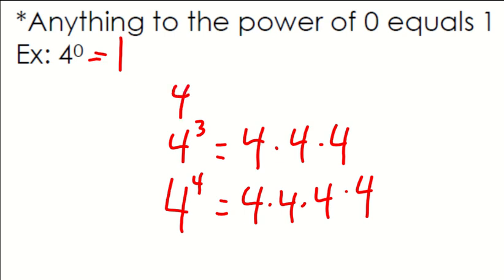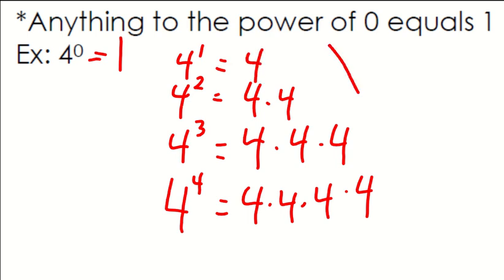If I've got 4 to the 2nd, that's 4 times 4. I've got 4 to the 1, that's 4. What happens when I'm going this way, I am multiplying by 4. I'm multiplying an extra 4 each time. So each time we have an extra times 4, right?